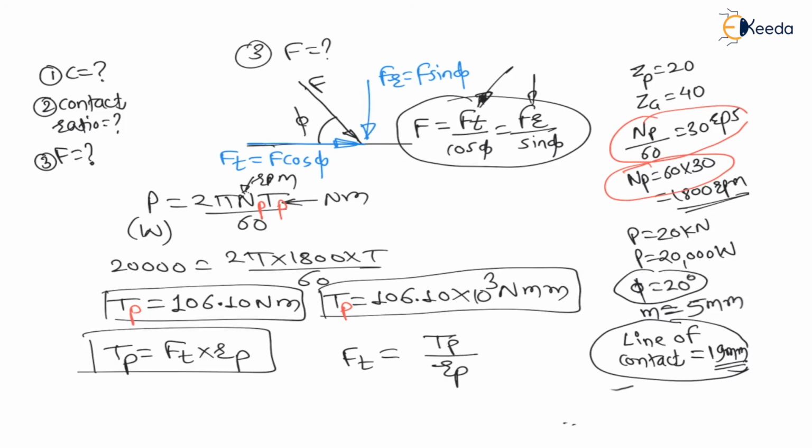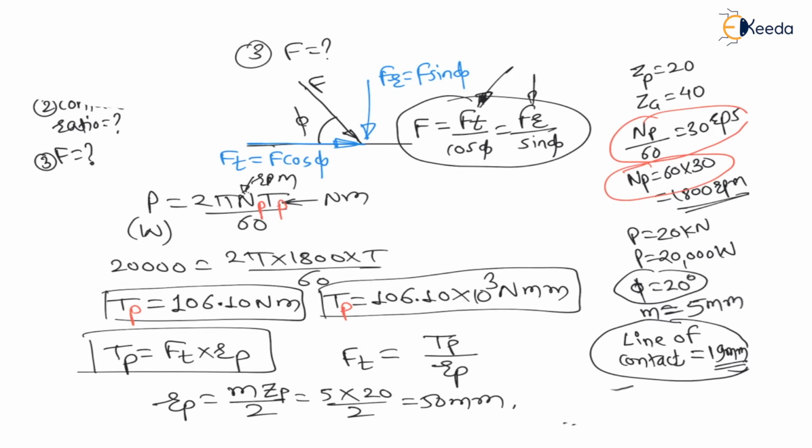We have already proven this while calculating the center distance in the first question. The radius of the pinion is nothing but module times number of teeth on pinion divided by 2, which is module 5, number of teeth on pinion 20, divided by 2, which is 50 mm. So the radius of the pinion is 50 mm. Now let us put it here.